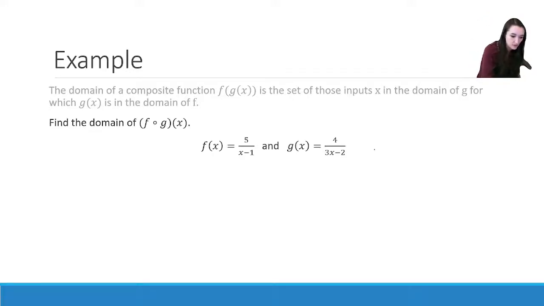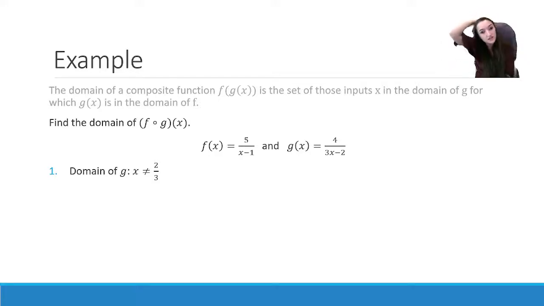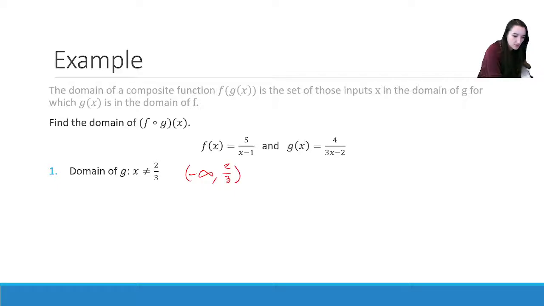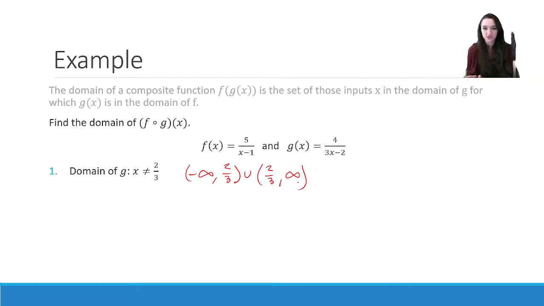So I'm taking 3x minus 2, the denominator, it's not allowed to be 0. So when is it 0? It's 0 when x is 2/3. So the domain of g is x is not allowed to be 2/3. So in other words, in interval notation, that would be negative infinity to 2/3 unioned with 2/3 to infinity. So all of that is what is allowed in g.